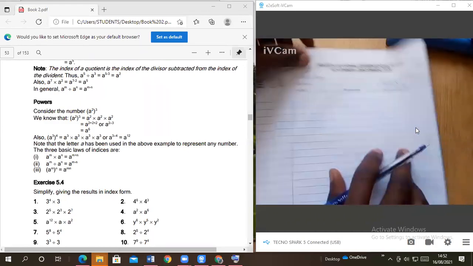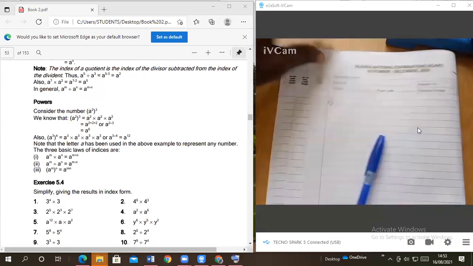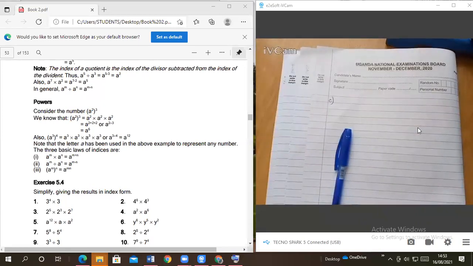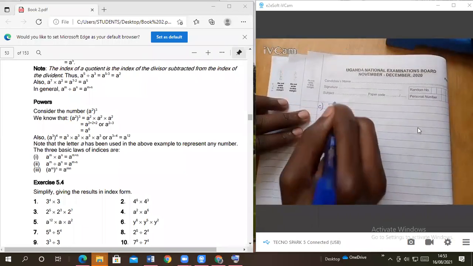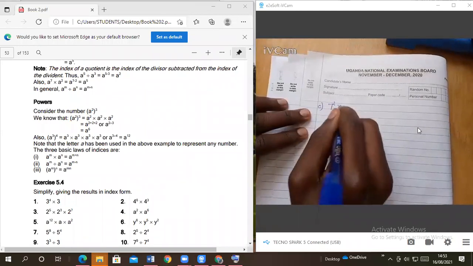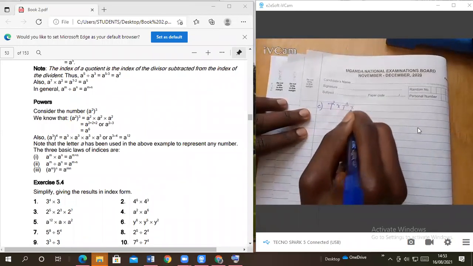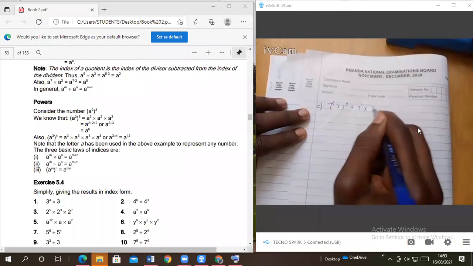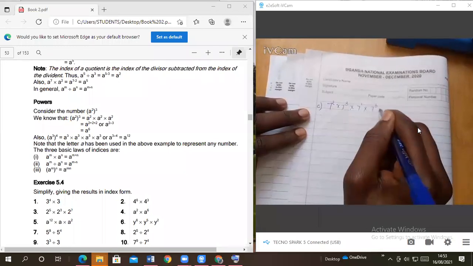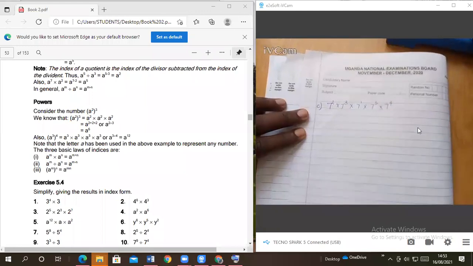C. Let's look at C. What if you have this? I have 7 to the power 2 times 7 to the power 3 times 7 to the power 1 times 7 to the power 5 times 7 to the power 4.